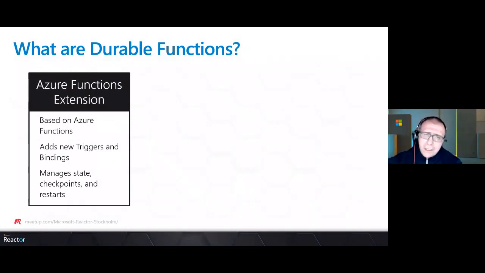In the way I showed you in the last meetup, I suggest you go to YouTube and check the video. This extension is based on Azure Functions, of course. It adds new triggers and bindings, which I showed you in a demo, and gives you the capability for the extension to manage the checkpoint and restart for you.